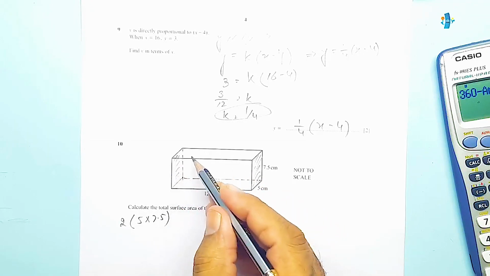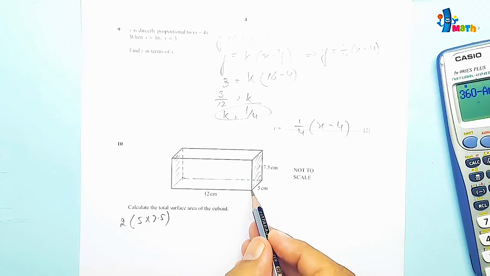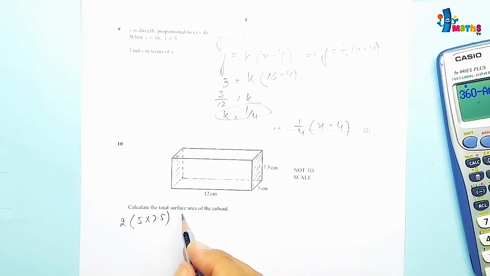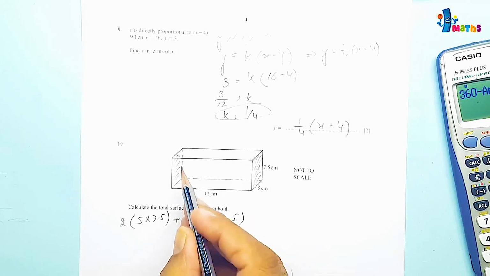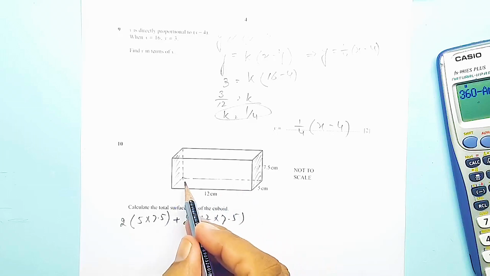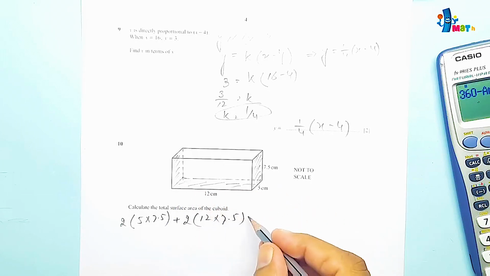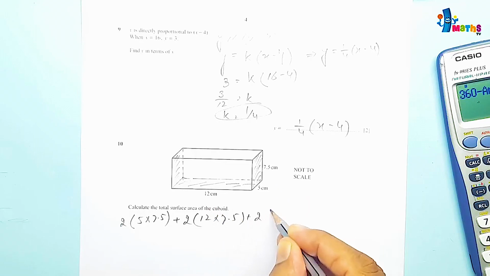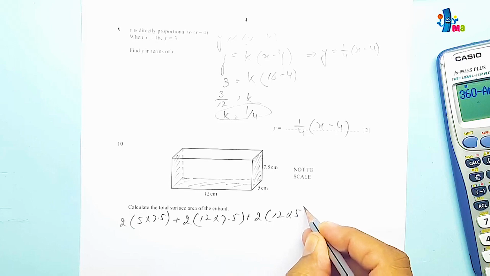Then front and back will be how much? This will be 12 and 7.5. So plus 2 into 12 into 7.5, and the third one is the top and the base. So the base will be how much? The base will be 12 into 5. So plus 2 into base and top will be 12 into 5.